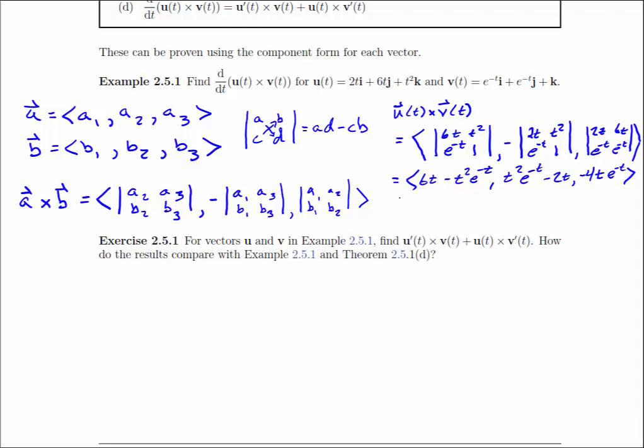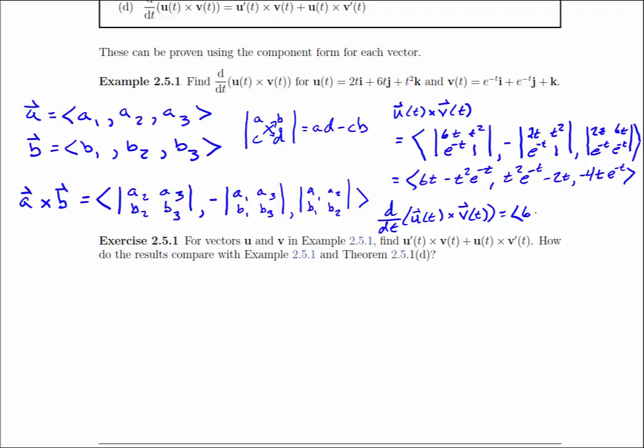Great. And so the derivative of this, we can then just take the derivative of these components individually.